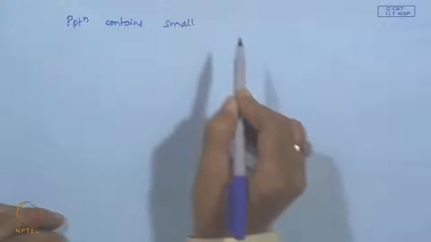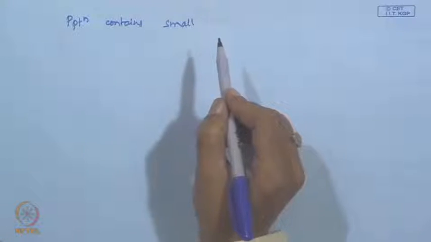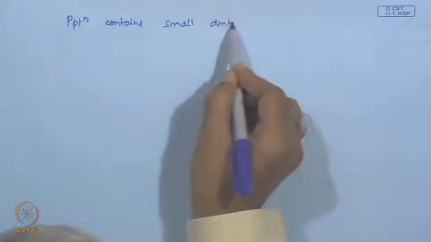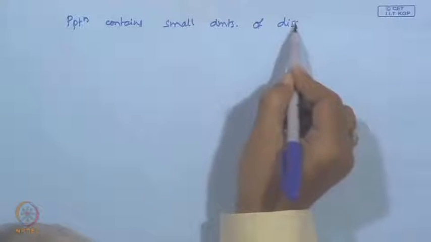So, now let us discuss other factors. Say for example, the precipitation which falls on ground contains small amounts of dissolved minerals.